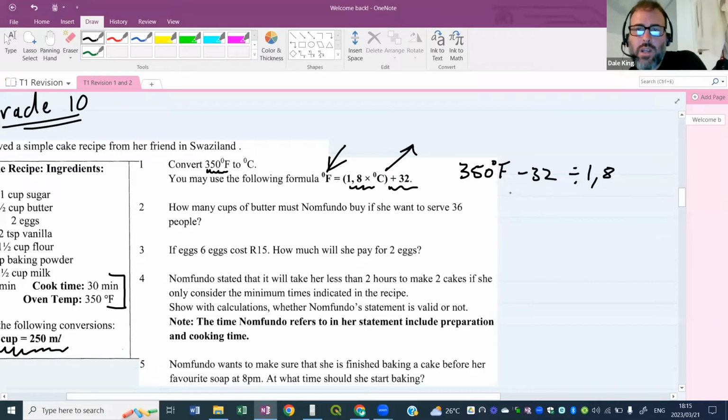Now, I've written a little sum on the board. Do I need to be very careful with how I put this in the calculator, or can I just type it out like that? Does anyone see a concern in the way that I've written it out? Tiama says, be careful. Yes, Tom, I must be careful. What could I do? There we go. Well done. Good.